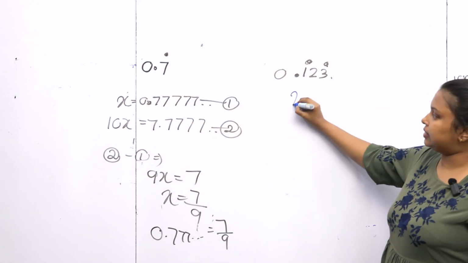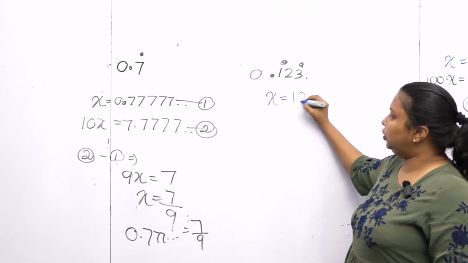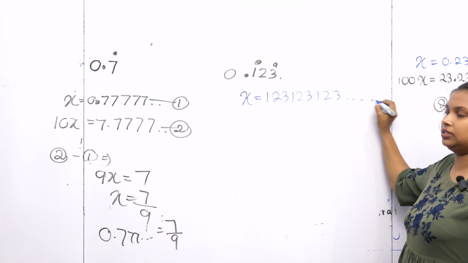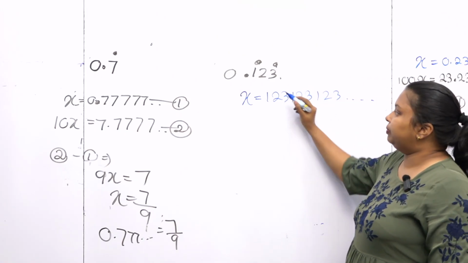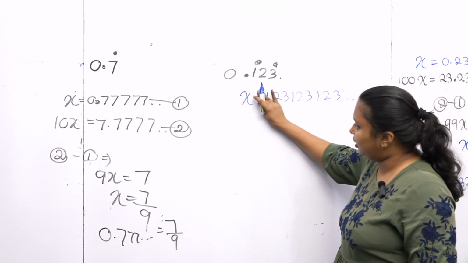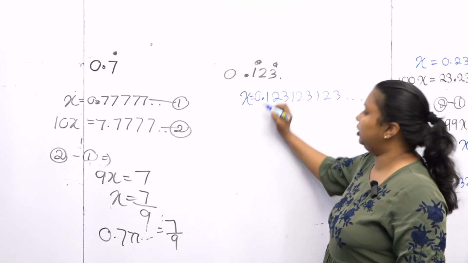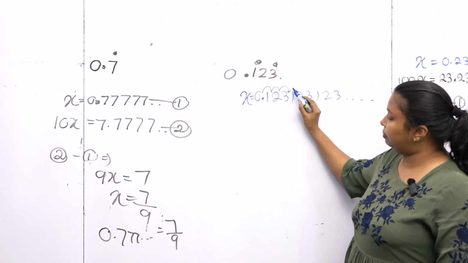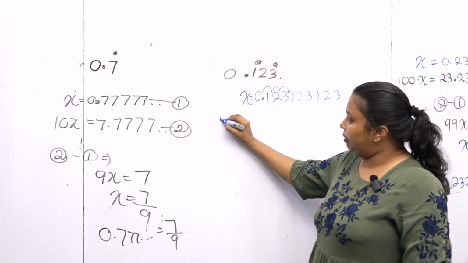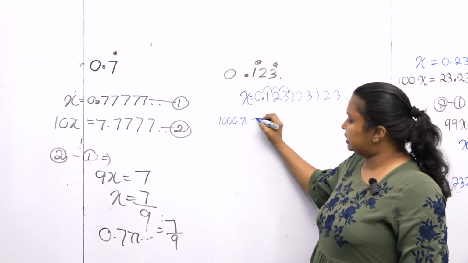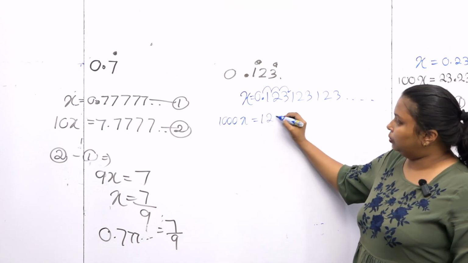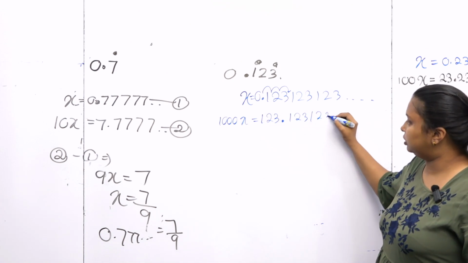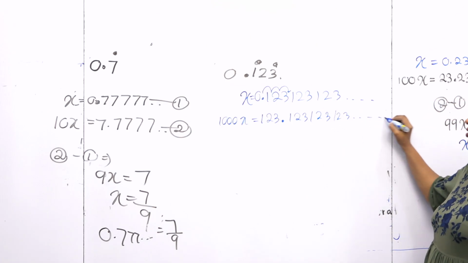How about this one? Here also I will take this as x. x equals 0.123123123 like this. I have to multiply this by 1000, the recurring part. So 1000x is equal to 123.123123 like this, so on it goes.